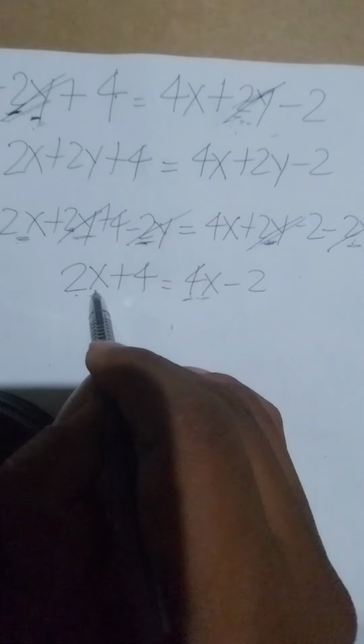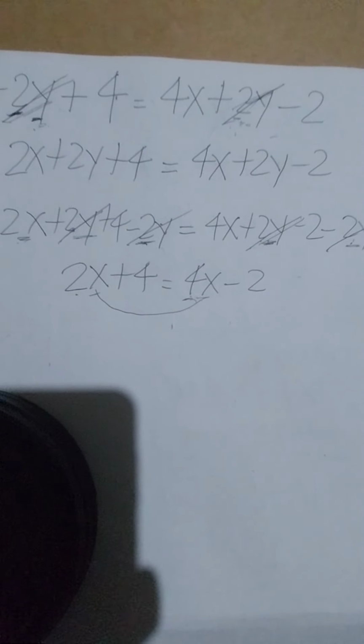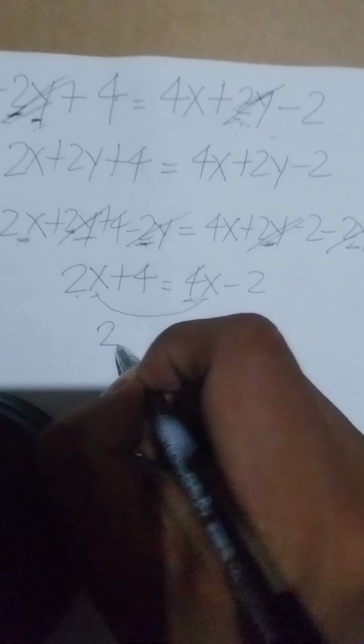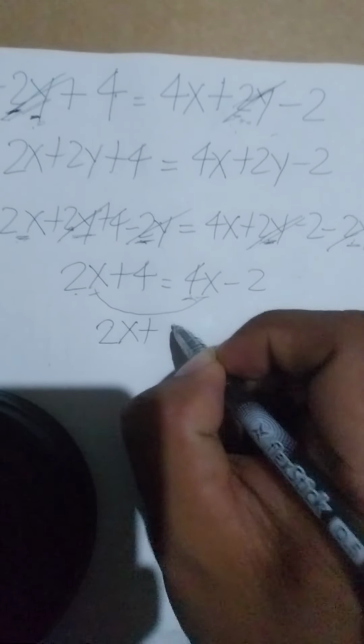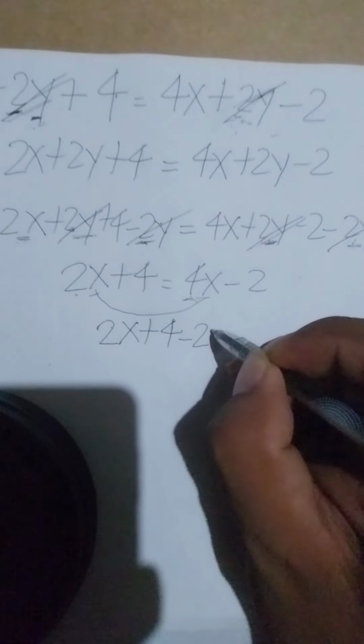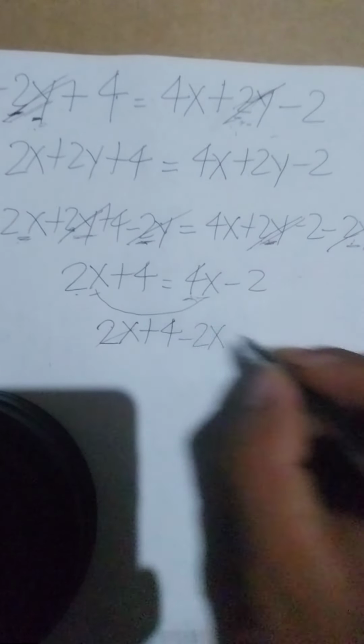But instead, yung ito ang igagalaw natin dito. Okay? So, paano natin itong gawin? Kopyahin natin ito. 2x plus 4. So, isa-subtract natin to siya by 2x both side para ma-cancel out si x dito.